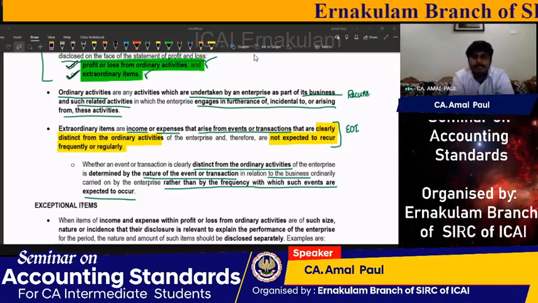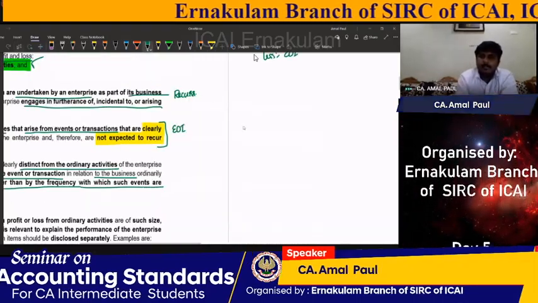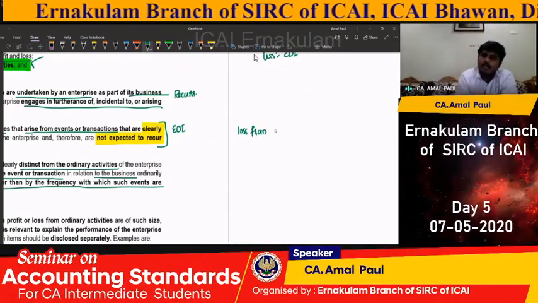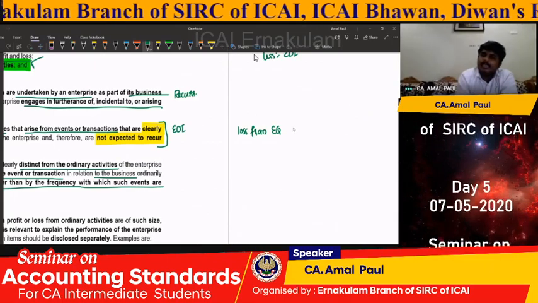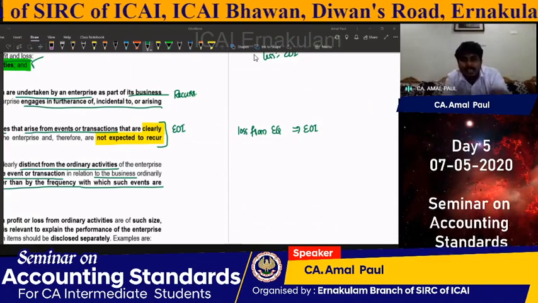For example, a loss due to earthquake will be an extraordinary item for a normal entity.